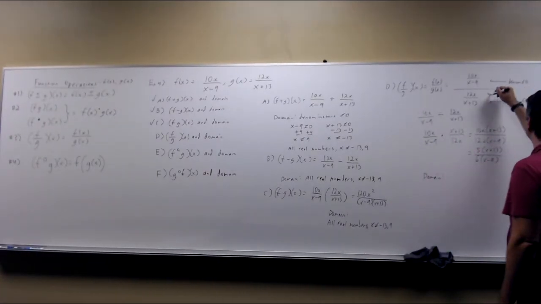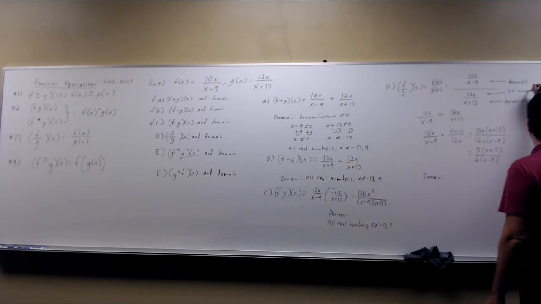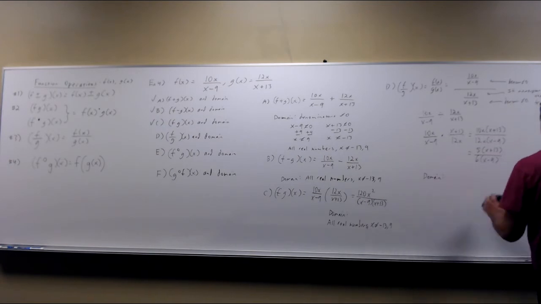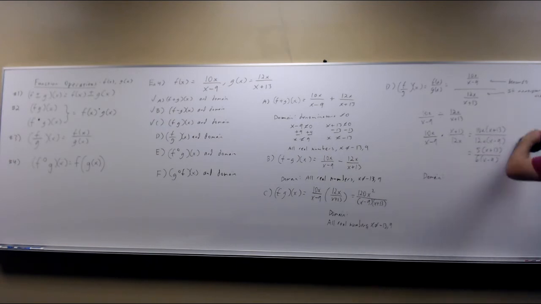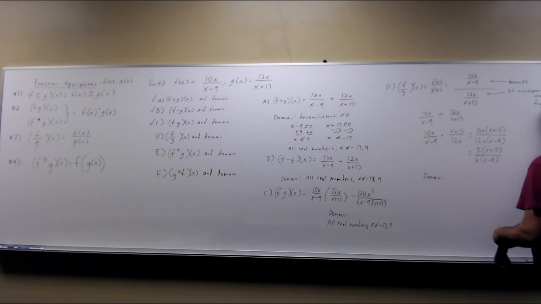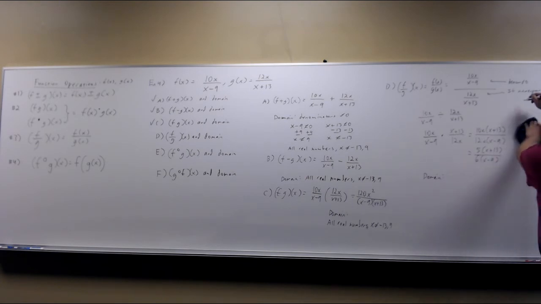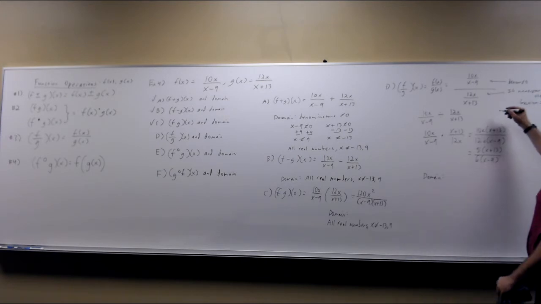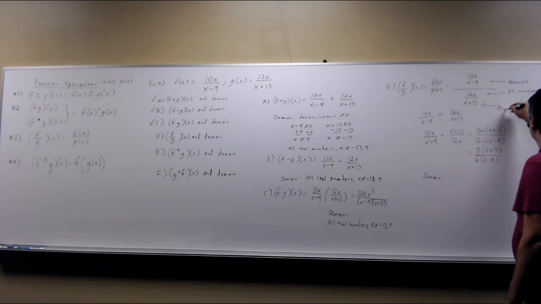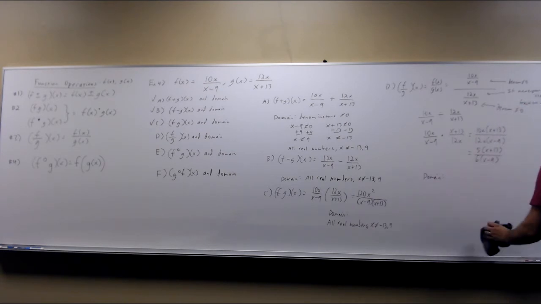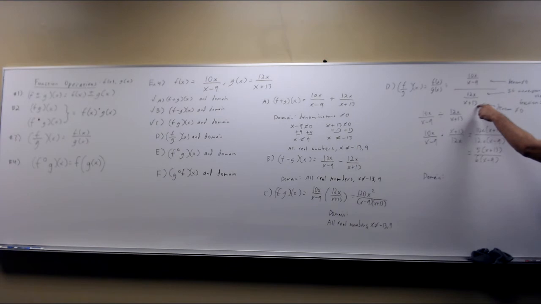Also, if numerator equals 0, then the fraction equals 0. All right. And also we have the denominator cannot equal 0. Okay? So that denominator cannot equal 0, that denominator cannot equal 0, and this denominator cannot equal 0.